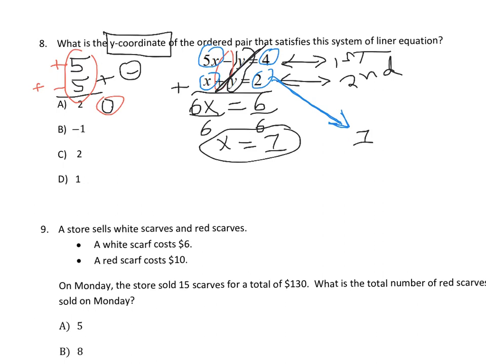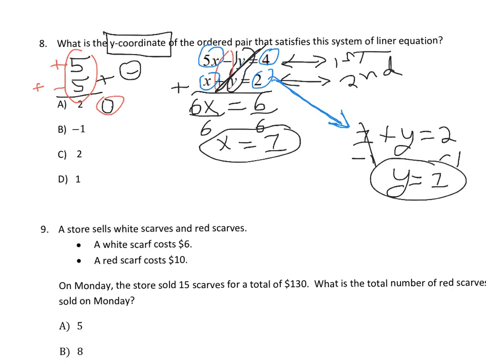See that? 1 plus y equals 2. To make y alone, subtract 1, and they cancel each other. So y is now isolated, and 2 minus 1 is 1. So the coordinates are 1, comma 1, and it's asking us for the value of y of the coordinates, so the answer is D.